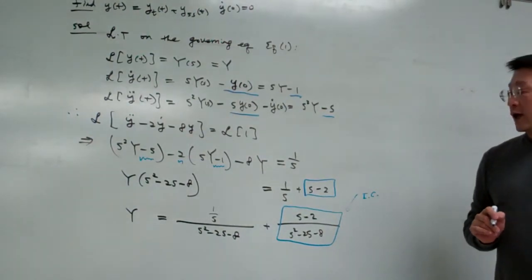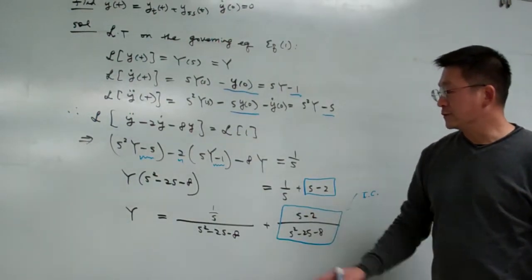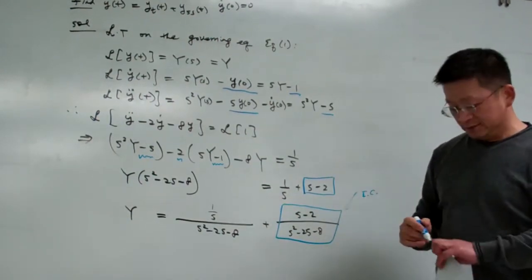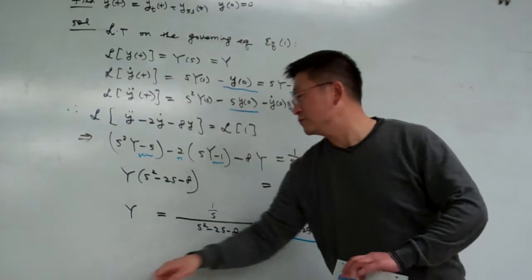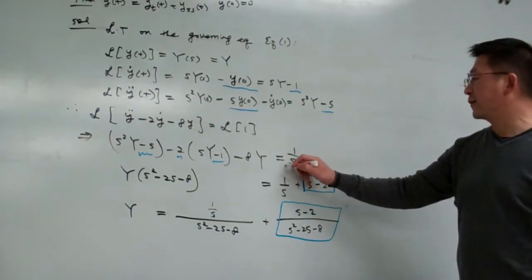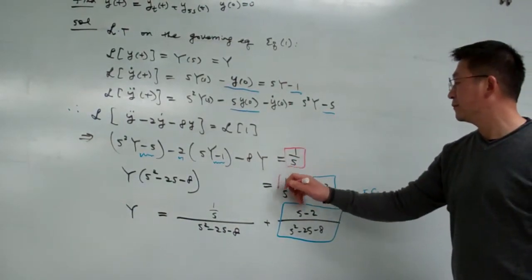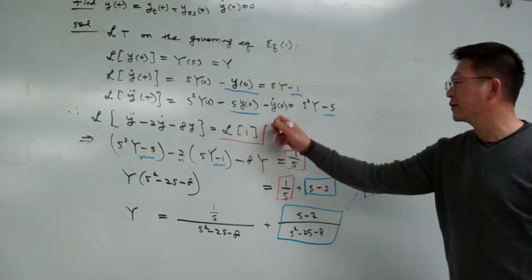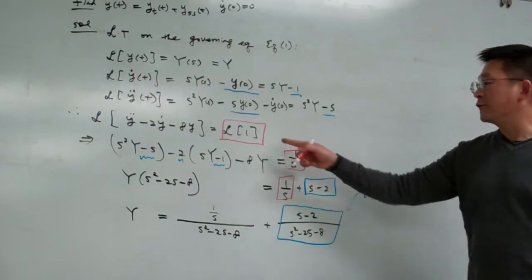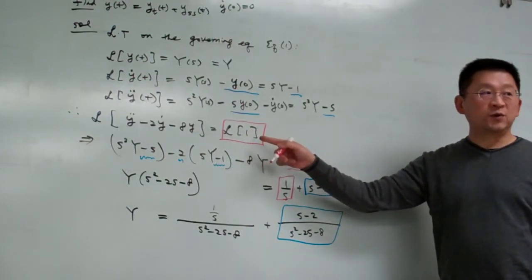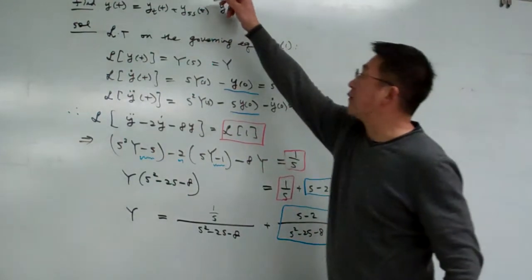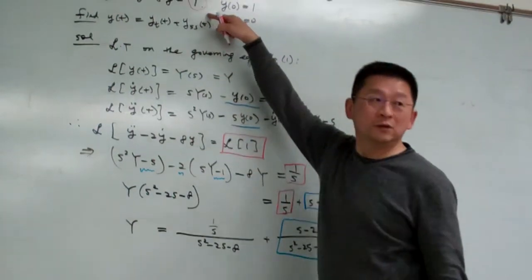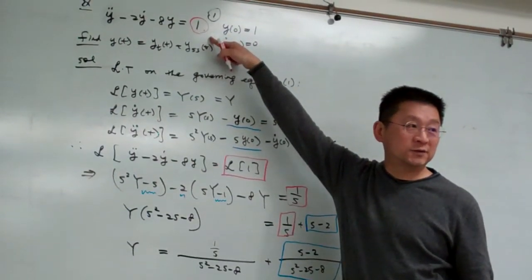Okay, and how about this term? The 1 over s is coming from here. And 1 over s is actually coming from here. So that 1 over s is the Laplace transform of our forcing term or particular solution.